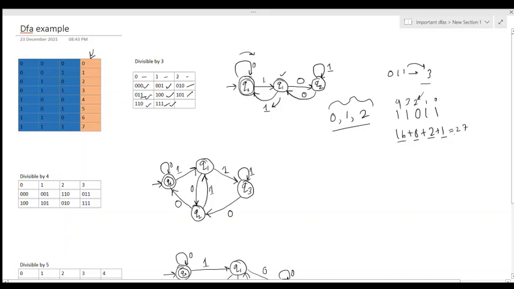So this is 27. Is it divisible by 3? It will give remainder 0.